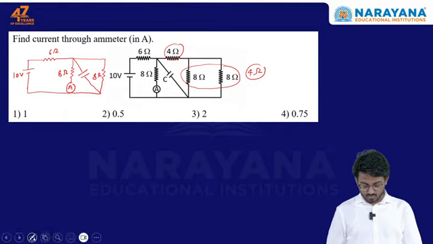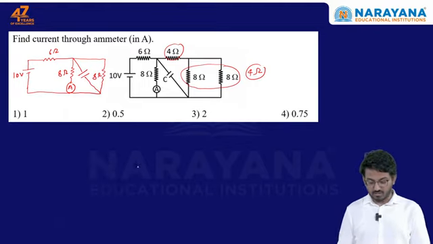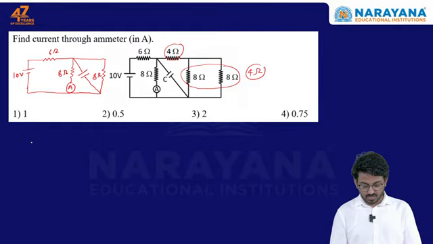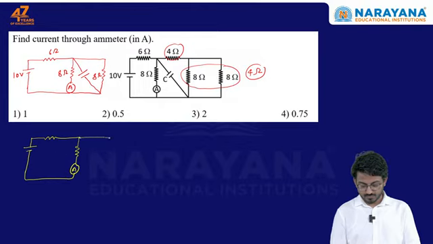So solving it further, we can see the circuit effectively becomes somewhat like that, with the capacitor being visualized here.